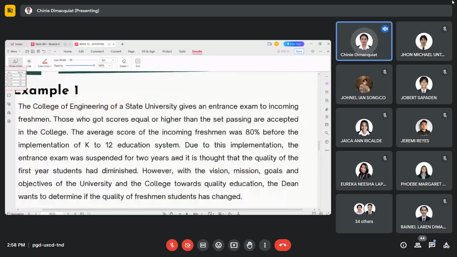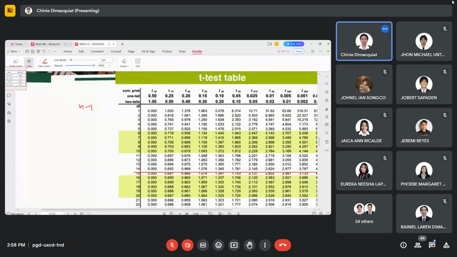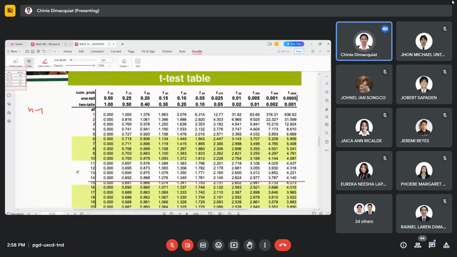So 14 and 1% level of significance. Our alpha is 0.01, and our alpha over 2 is 0.005.